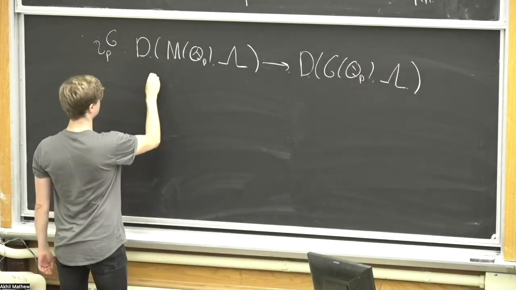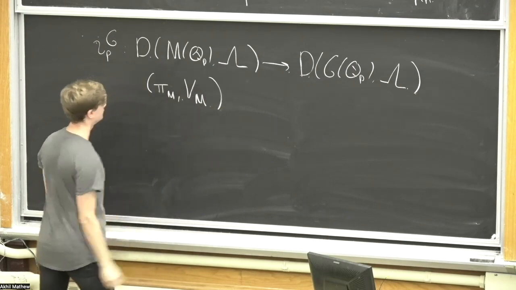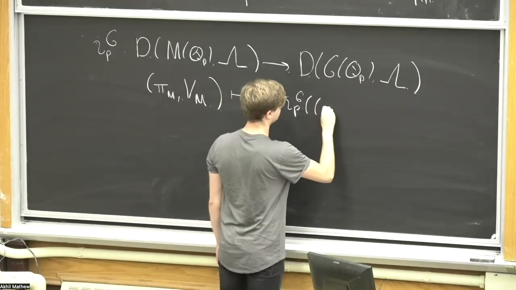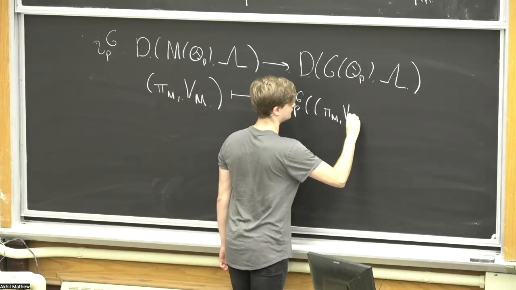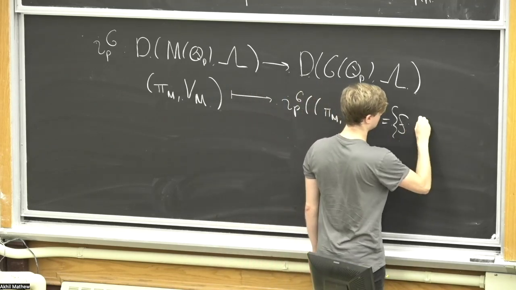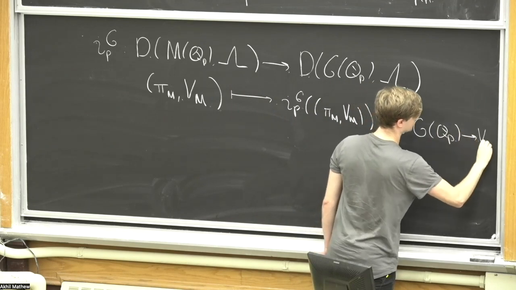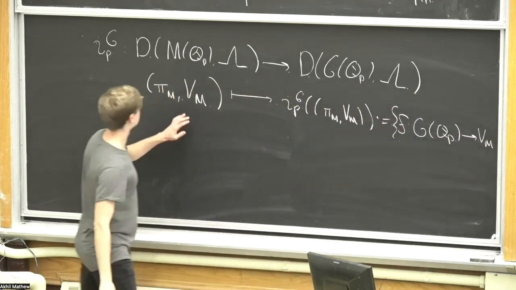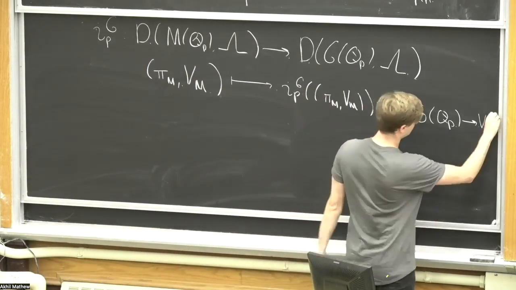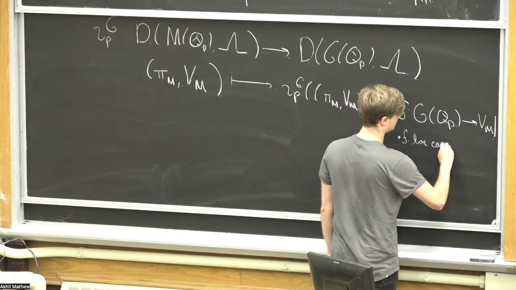And what this will do, if I have some smooth representation here, is map it to the following G(Q_p) representation. This could be given by the space of functions on G(Q_p) towards N, where maybe I'm assuming this is just concentrated in one homological degree, such that the function is locally constant and smooth.